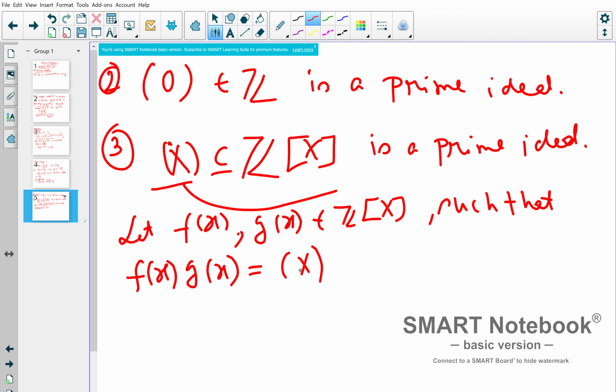So what does that mean? That means it is of the form, this belongs to this. So that means what? That means f(x) g(x) will be of the form x times some h(x), right?